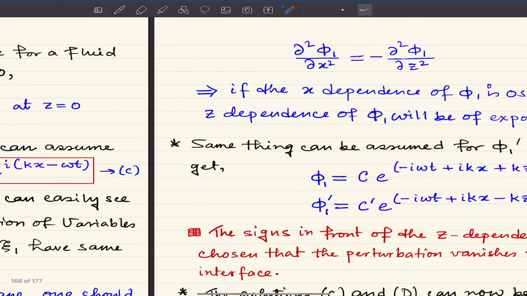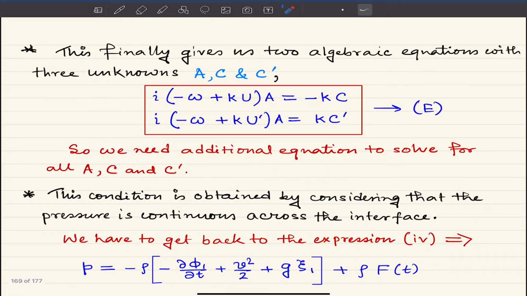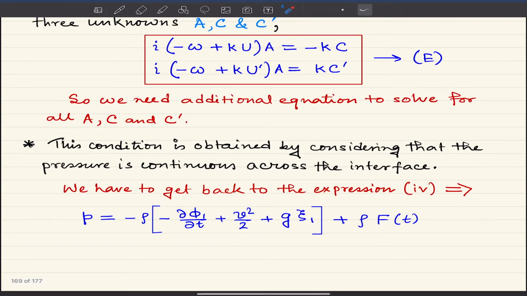Then for any fluid, using that equation Roman 4, we can write P = -ρ(-∂φ1/∂t + v²/2 + gξ1) + ρf(t).